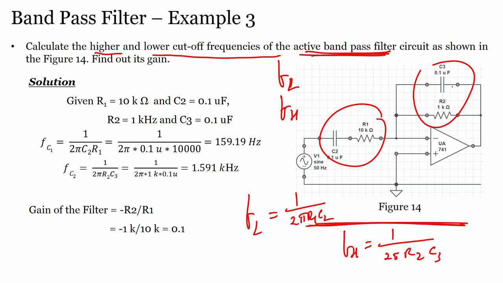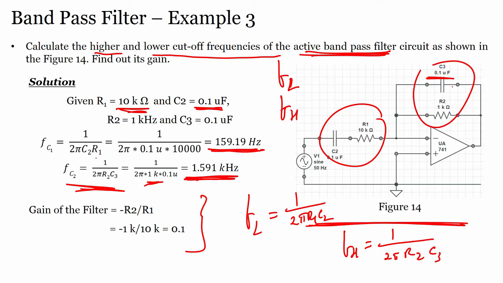If I substitute the values, C2 is 0.1 microfarad and R1 is 10 kilo ohms, I get a value of 159.19 hertz. Here, R2 is 1 kilo ohm and C3 is 0.1 microfarad, so I get a value of 1.591 kilohertz.